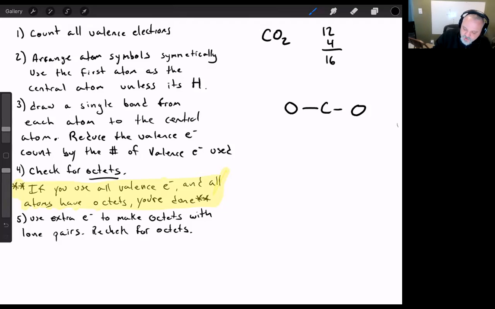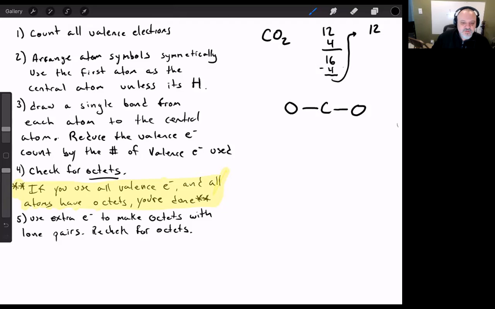Let's start off with my lines. Let's reduce my count. I'm down to 12. Okay, so I've done 1, 2, and 3. Let's check for octets. Nobody's got an octet. Nobody.